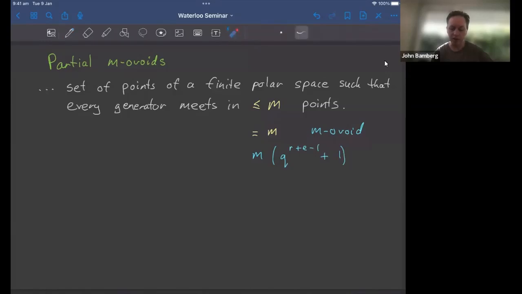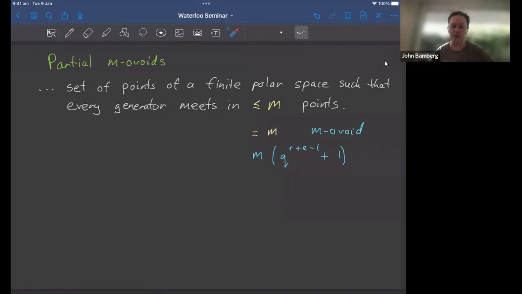So q is the order of the underlying finite field. r is the rank of the polar space. And what I mean by that is the algebraic dimension of the generators. So if you've got just points, lines, and planes, then it's rank 3. And e is a parameter, it's just a small number, which gives you the type of the polar space, so a half or one or something like that, or zero.